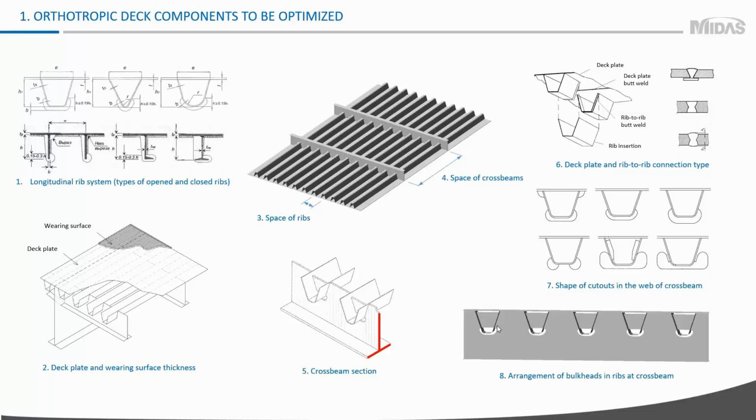And also the engineer has to decide whether it is necessary to arrange a bulkhead or diaphragm inside the rib at the crossbeams. So all these cases can be optimized according to the design calculation, considering both strength and fatigue checks. And of course, the finite element method is suitable for this.